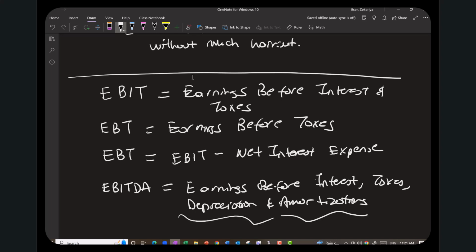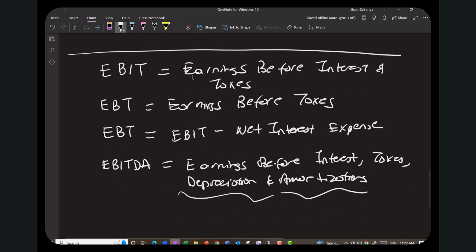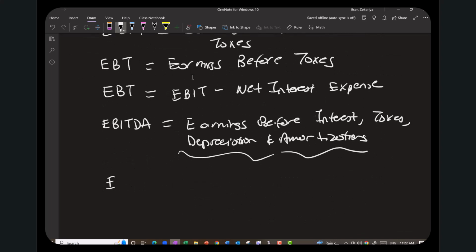That DA, depreciation and amortization, is actually a catch-all word for non-cash expenses. For example, if I have stock-based compensation expense, especially for stock options, it's by its nature a non-cash expense, so I would include it in EBITDA. Of course, EBITDA is equal to EBIT plus depreciation.